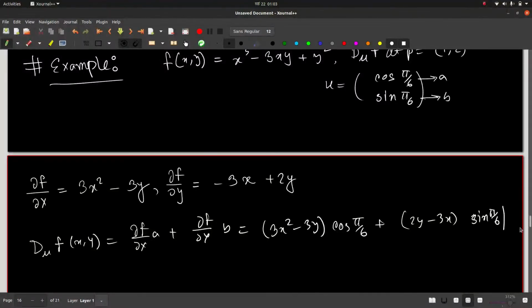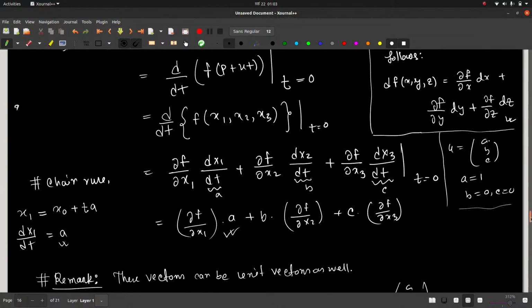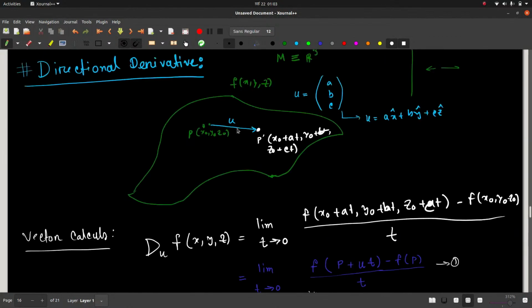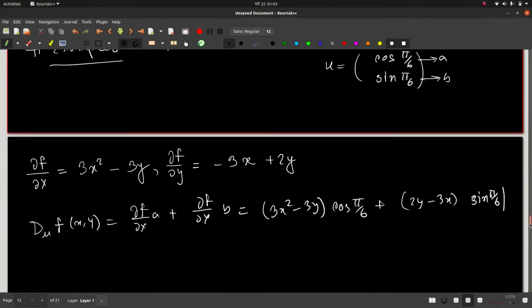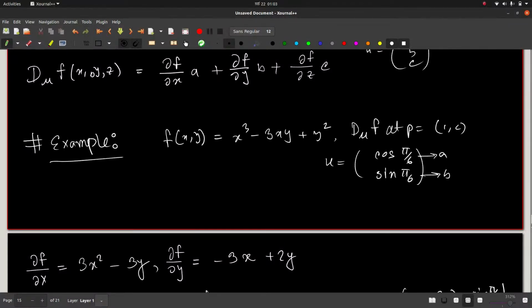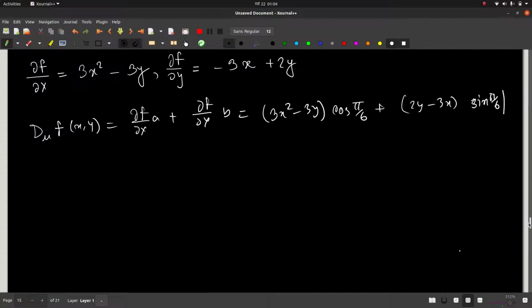And remember that we have to use the point, because in our definition we were saying that t was equal to 0, but t was only equal to 0 when these 2 points coincided. So now we have to use the information that we are interested in this directional derivative at point p equals 1, 2, and since this is the Cartesian coordinate system, x will be 1 and y would be 2. So using this point, we put x equals 1 and y equals 2.